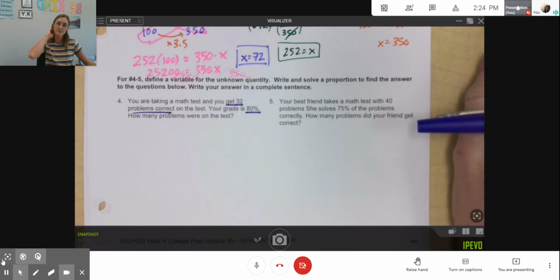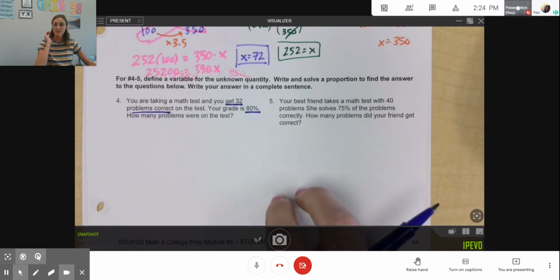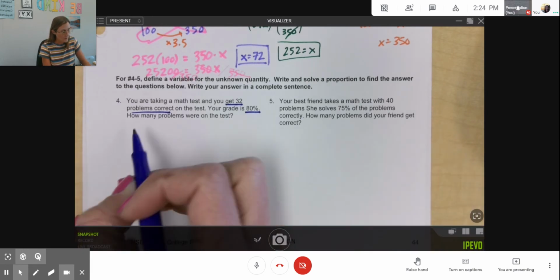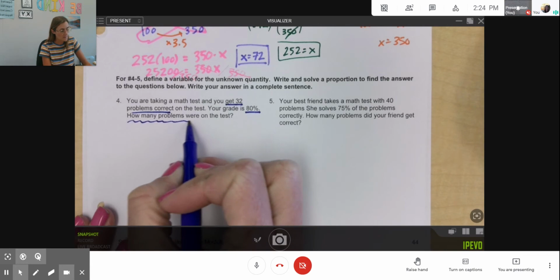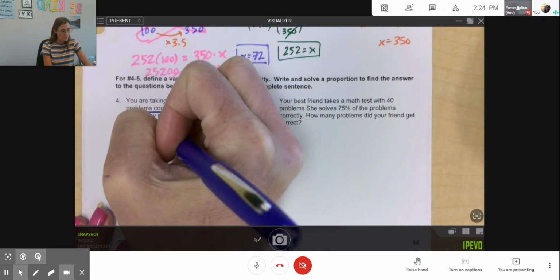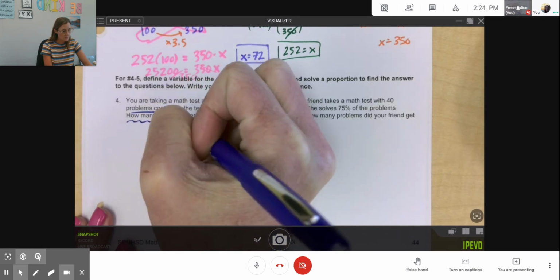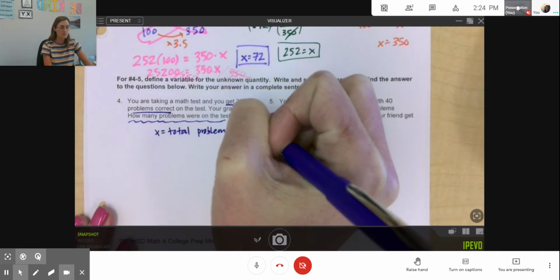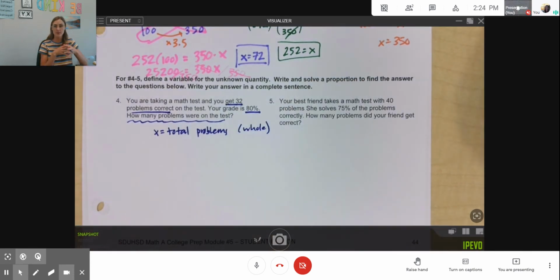So in this problem, it gives us 2 pieces of information. It gives us that you got 32 questions correct and that your grade is 82%. It says how many problems were on the test. So right away, we should know that we are looking for the total problems or the whole, the whole number of problems that are on the test.